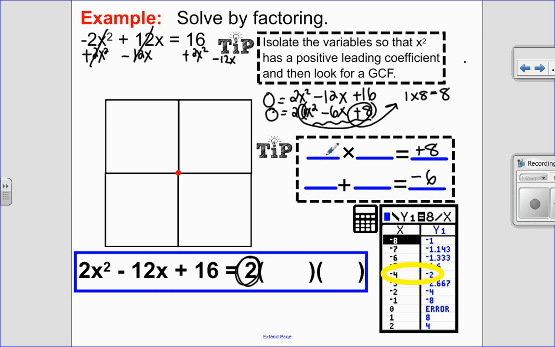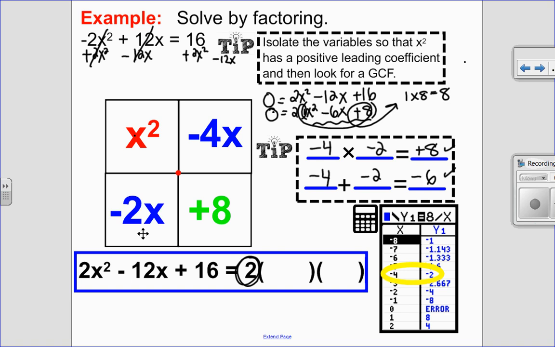I know that negative 4 times negative 2 is positive 8, and negative 4 plus negative 2 is negative 6. So over into my grid here, my first number goes here. This will be where my x squared is. My last number, positive 8, goes here. And then I just take my factors, negative 4x and negative 2x.